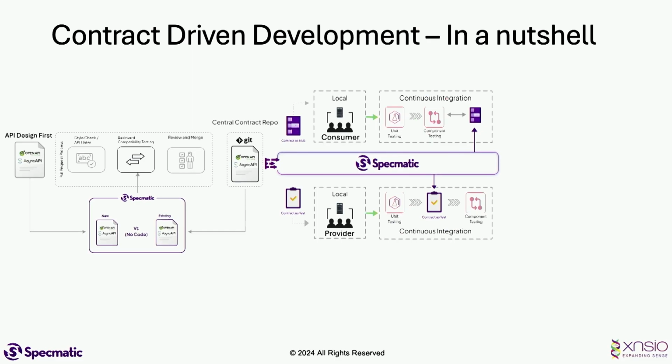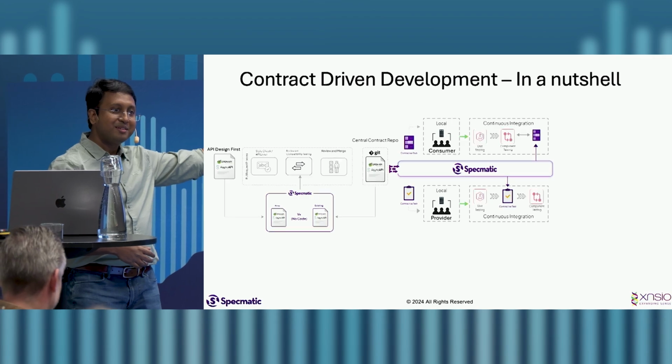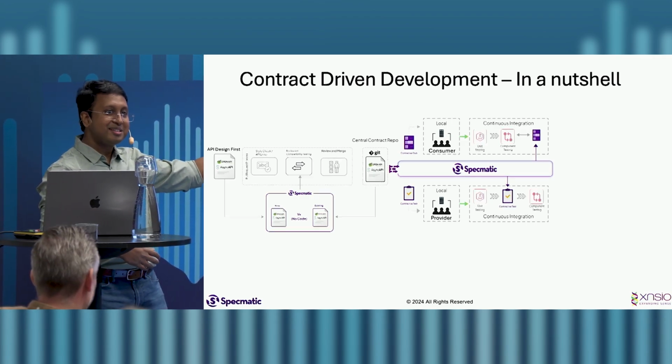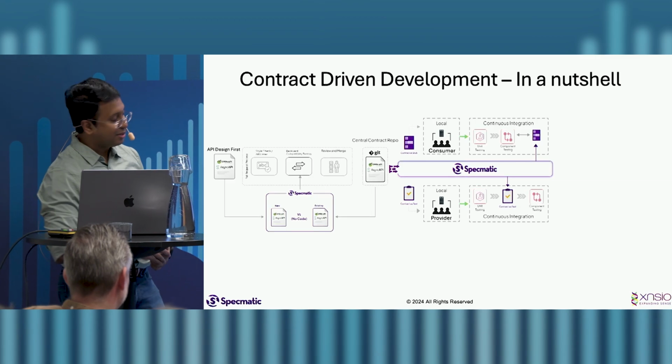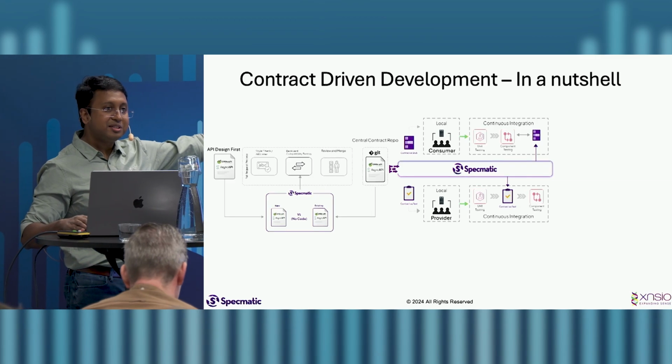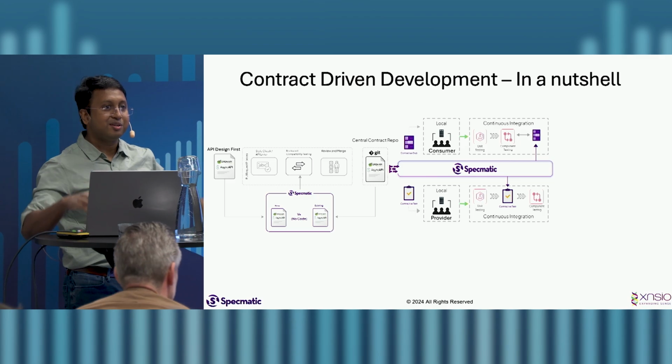Ideally the developers would be able to get their feedback on their local machine. They don't need to be on the wall of shame with a broken build, right? But if you do get there, there is a fail-safe. It's going to catch and help us out. Now, all through this while, the provider and the consumer have never tested together in an integration testing sort of environment, right?